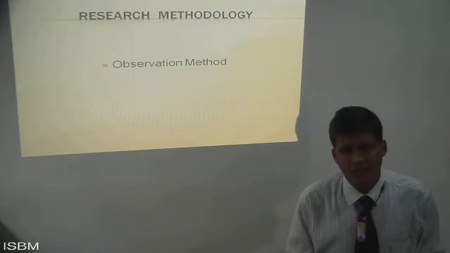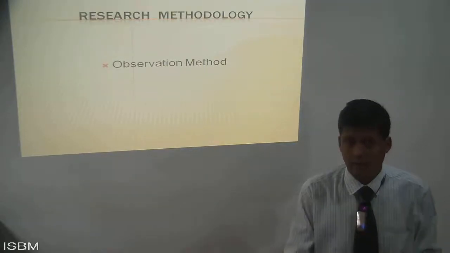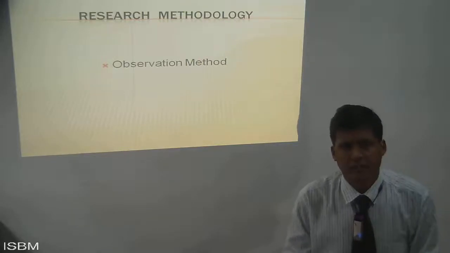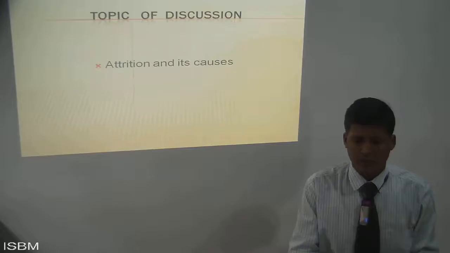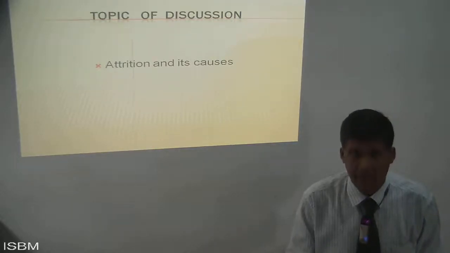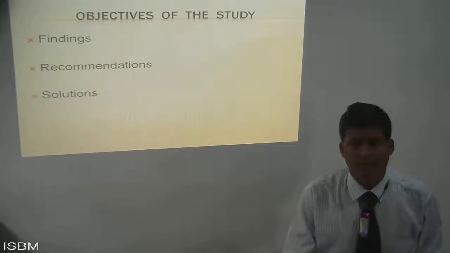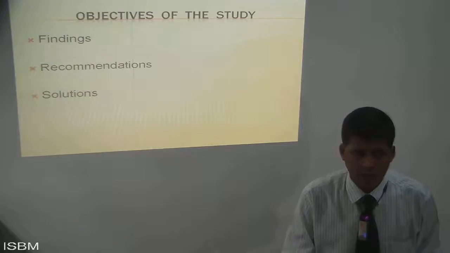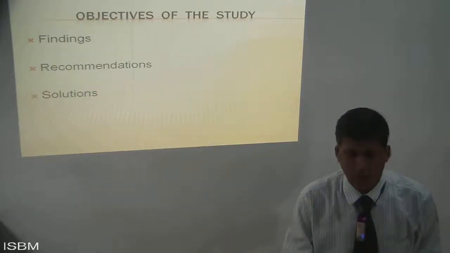We will understand attrition through various research methodologies, looking at research done in this context through observation methods. The topics of discussion would be attrition and its causes. The objective of the study of attrition is, first, the current findings in the current context.